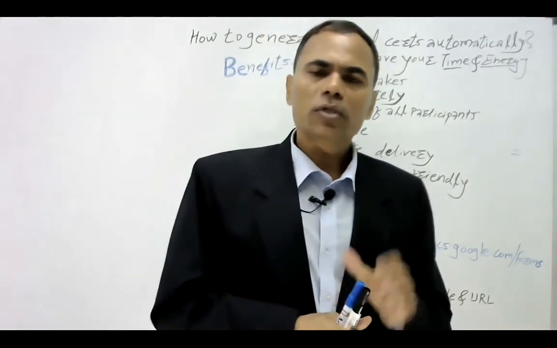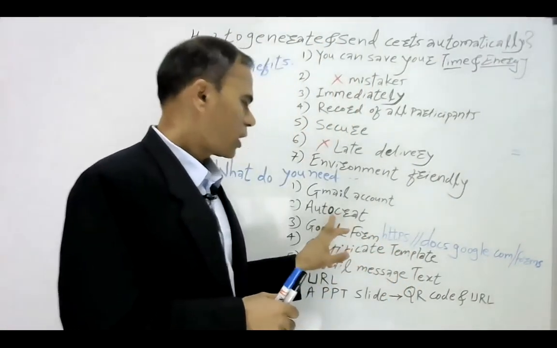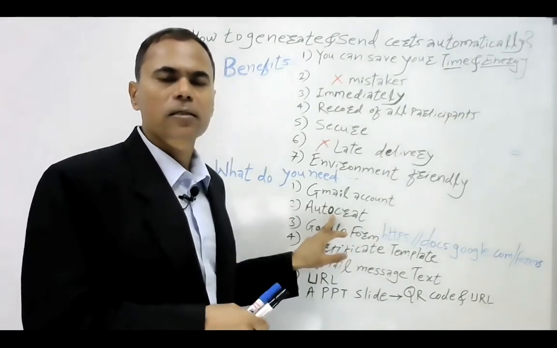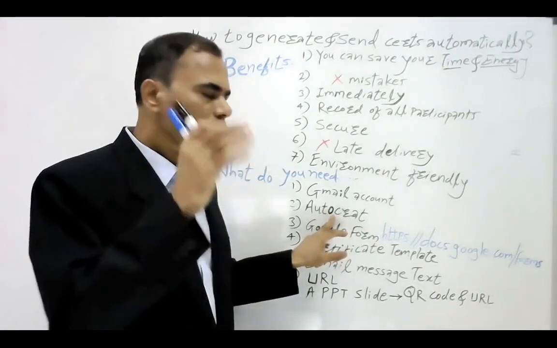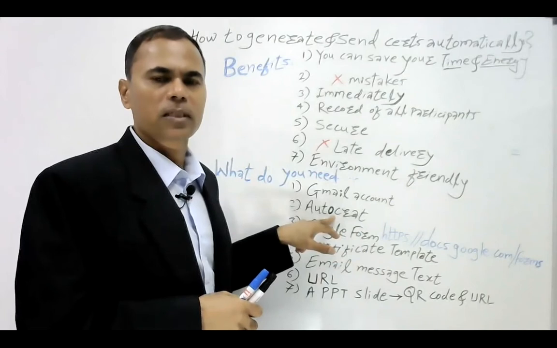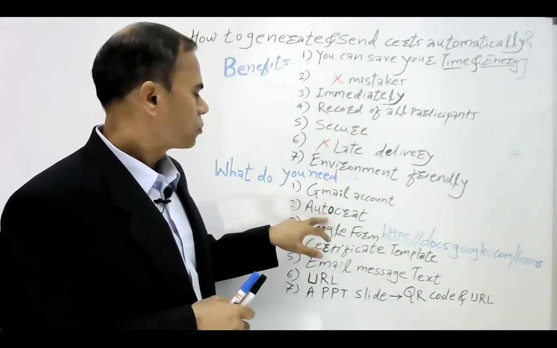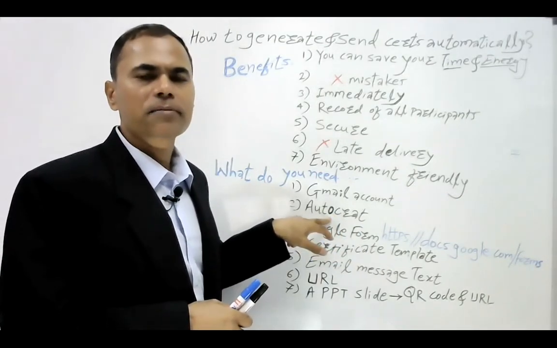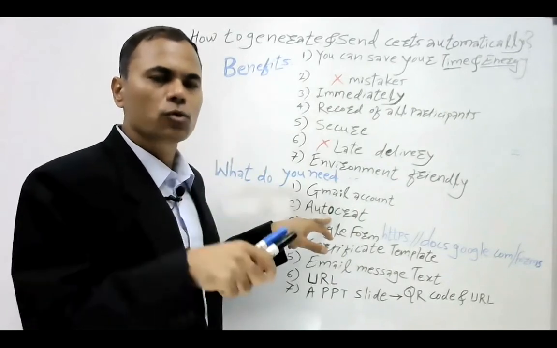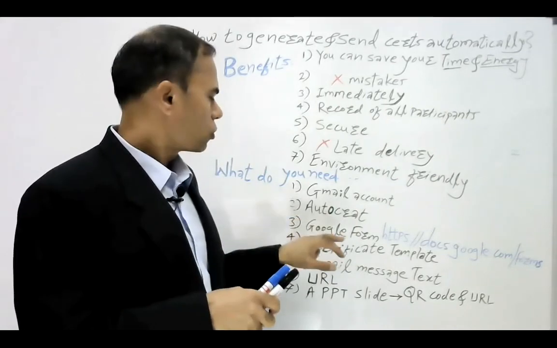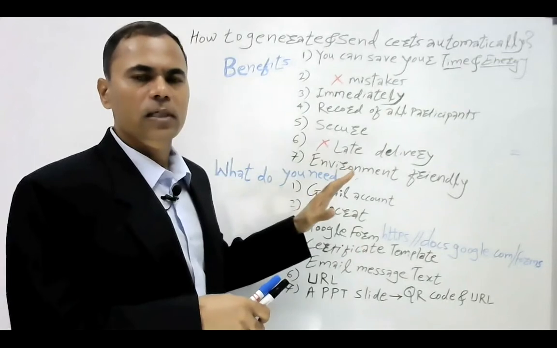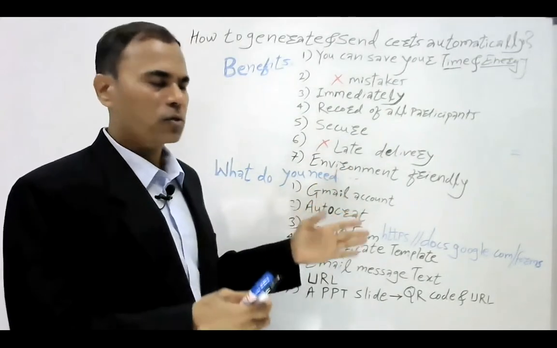So in order to give a task to this autocrat, how to generate the certificate and send them to the individual participants, you have to complete 9 different steps to do that setting. So that setting, it's not difficult. Anybody can do it.